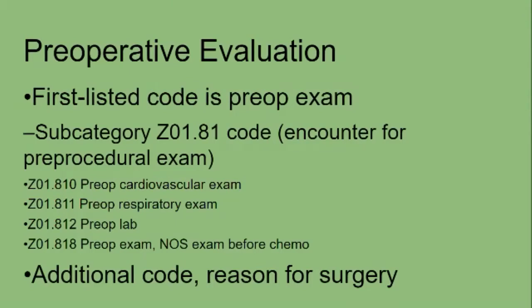Your 810 is pre-op cardiovascular exam. 811 is pre-op respiratory exam. 812 is pre-op for lab. 818 is pre-op exam, not elsewhere specified, such as an exam before chemo. And then additionally, you can code the reason for the surgery. Also code any additional findings related to the pre-op evaluation.